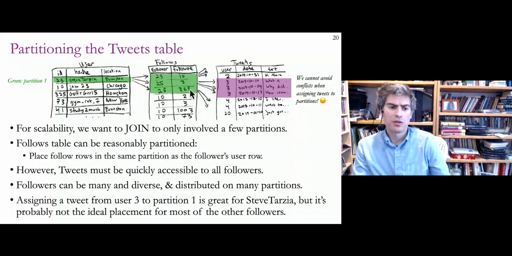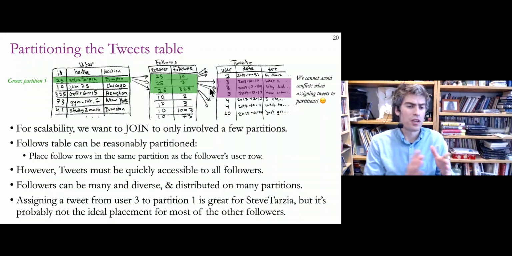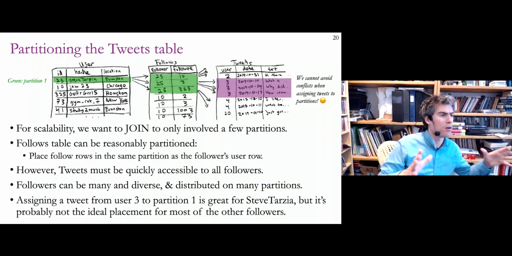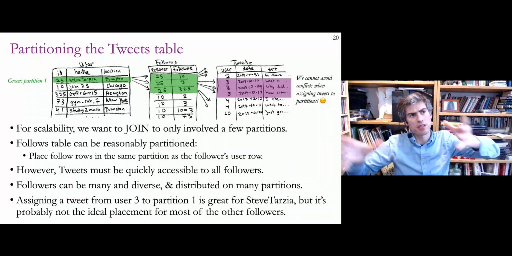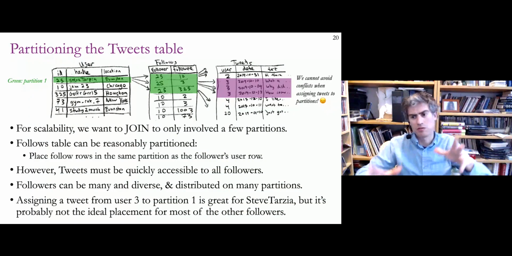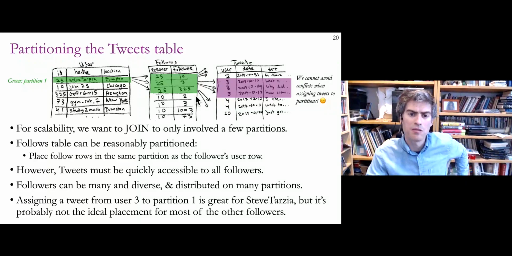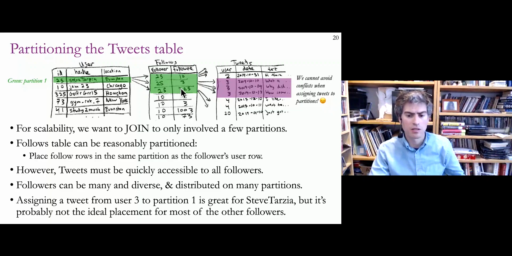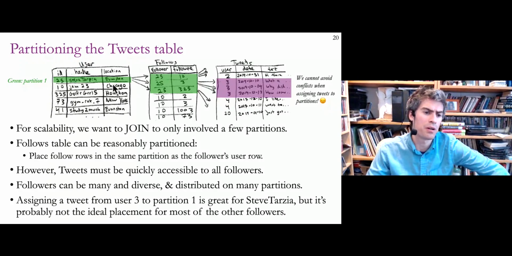You could think about sharding the system in a way, partitioning the data so that we had different sections of the data that could be queried to handle different users. The problem, though, is that this follows relationship creates kind of a random graph across the system. So it's true that you can put me in one partition.